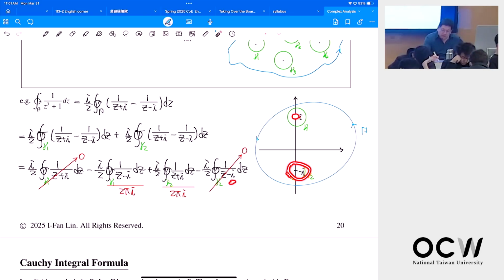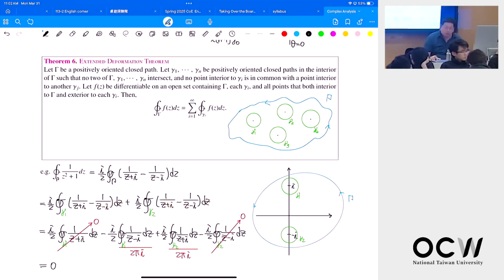So this curve does not enclose this singular point, so the integration will be 0. Then overall, you get 0. Okay?